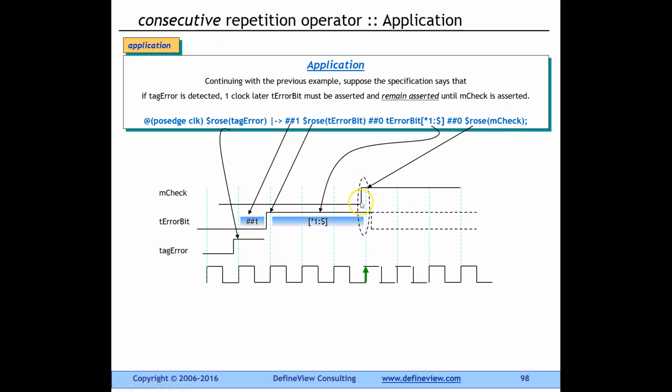As soon as mcheck arrives, the property doesn't care if T error bit goes low or remains high. So this is how you read a consecutive range operator. It is this event that follows the consecutive range operator that makes it, in my opinion, very meaningful.